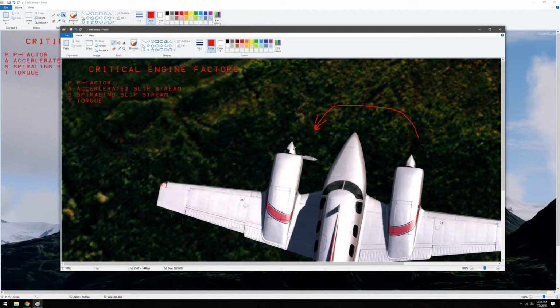Like I said, our propellers turn clockwise, most Western engines. So on this side, this is our descending blade. On this side, this is our descending blade. So this descending blade has a further arm from the center of the aircraft than this descending blade does.